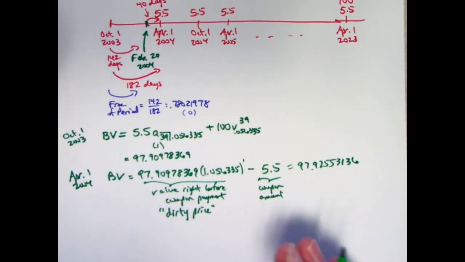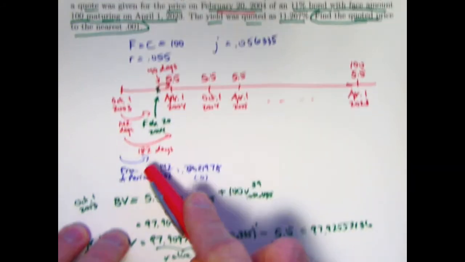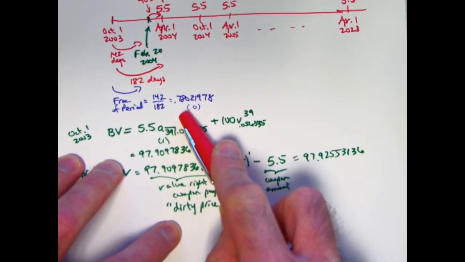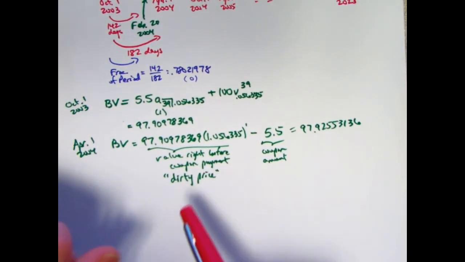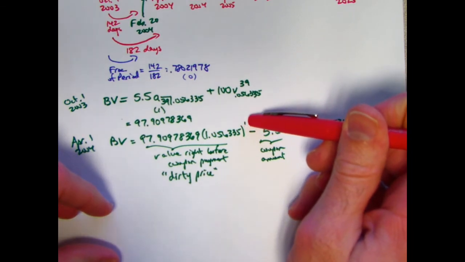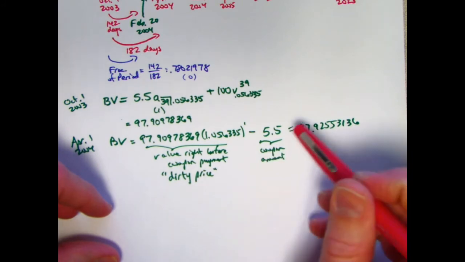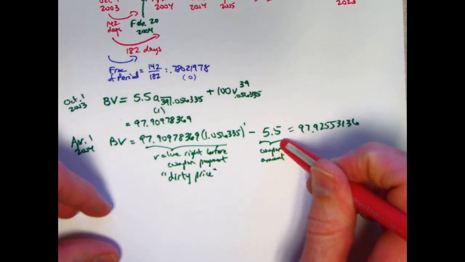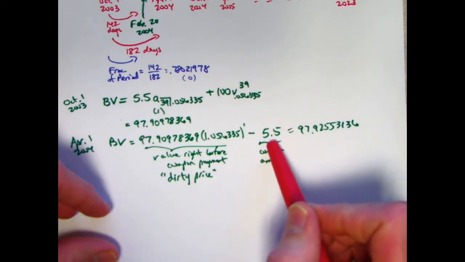What we want to do now, as far as answering the question to find the quoted price on February 20th, the 78% of a period through this period here, is we essentially want to mimic what we did here, except instead of a first power there, we want to use the fraction of the period, the 0.78, and instead of the full coupon payment, we want to use what you might call a pro rata coupon payment, a proportional coupon payment.